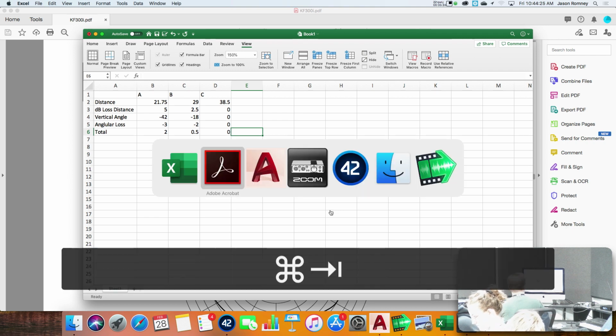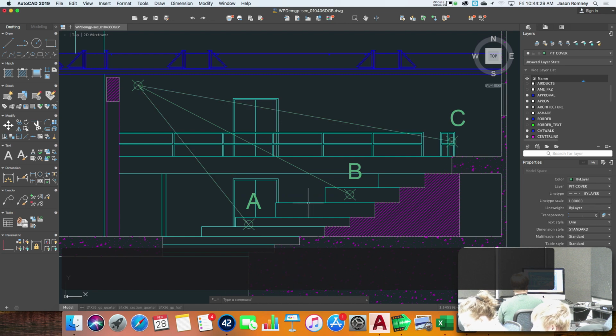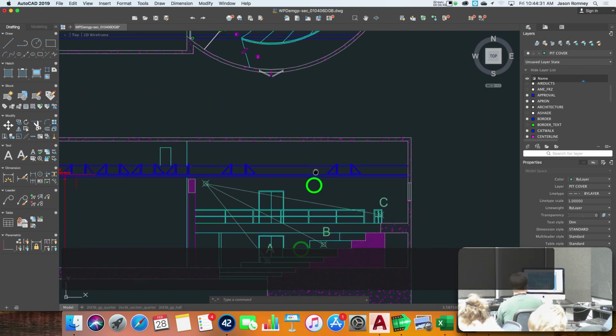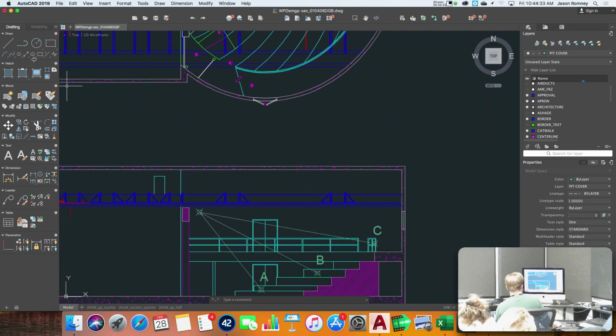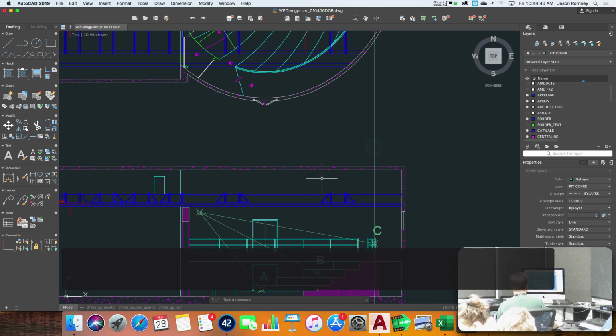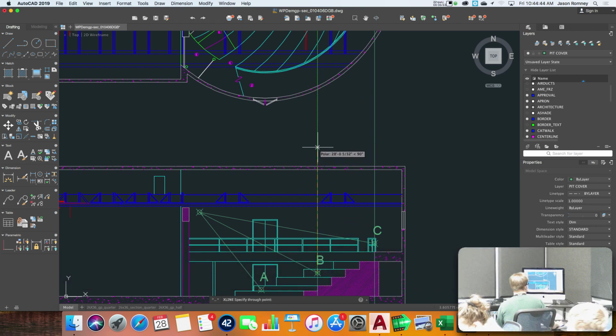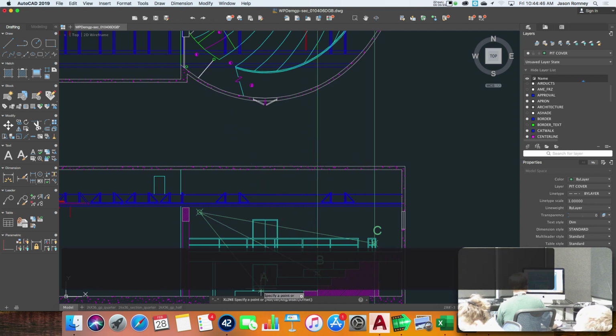So I'm going to, we have to figure out where these seats show up in the ground plan. So I'm going to use some construction lines here to figure that out. So here they are.